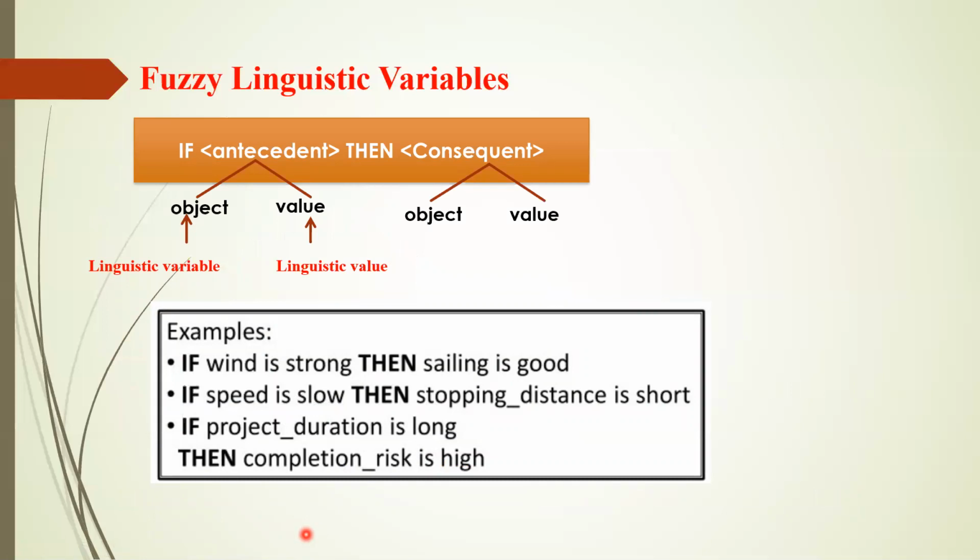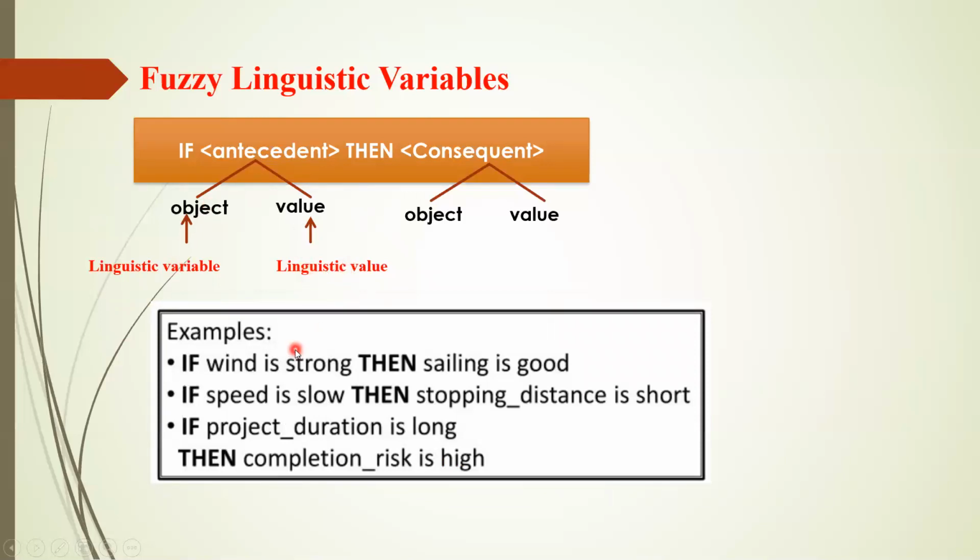In a fuzzy expert system, these linguistic variables are used in fuzzy rules. The rules consist of an antecedent and a consequent part, each having an object and its value. That object is actually a linguistic variable and the value is the linguistic value.